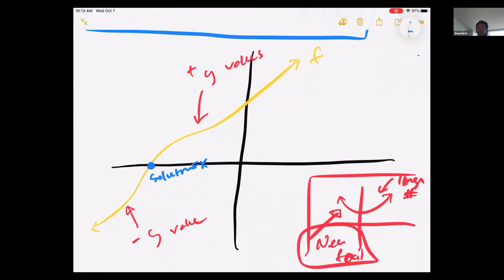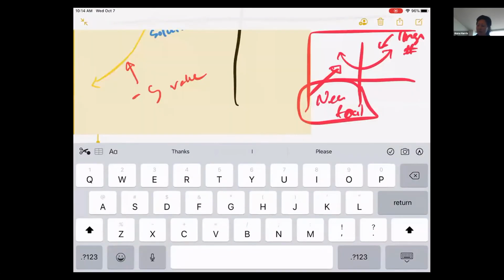The Newton's method says, if the condition is met, which means y has a negative value and y has a positive value, a sign difference between y values at certain x, then yes, I can use Newton's method. Like this graph in yellow, you can use Newton's method because you see one of the solutions right here.